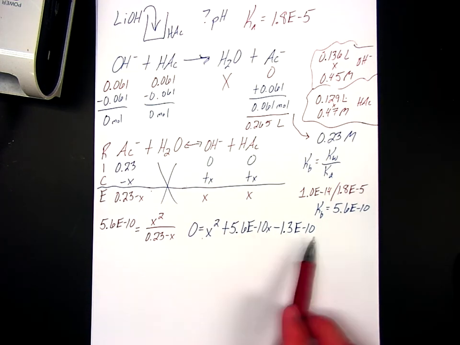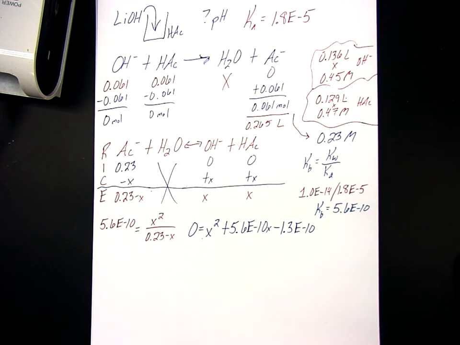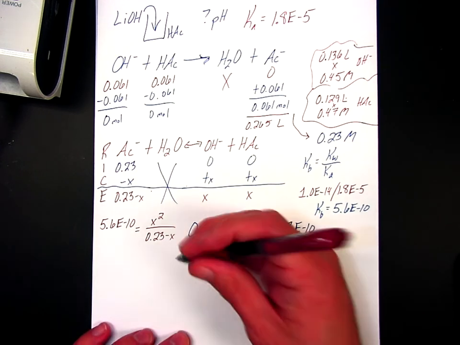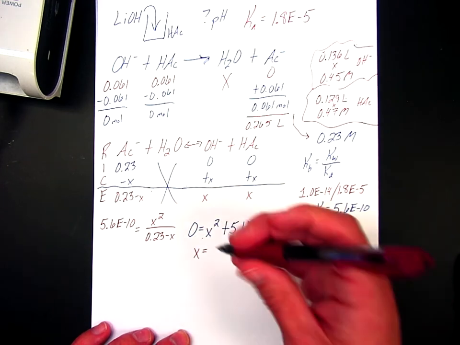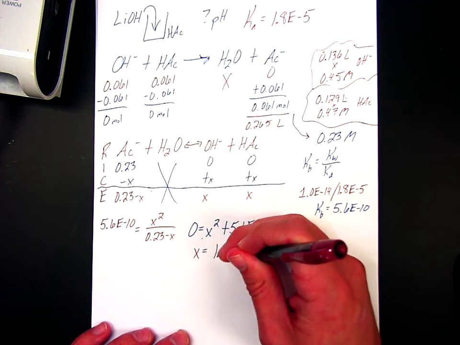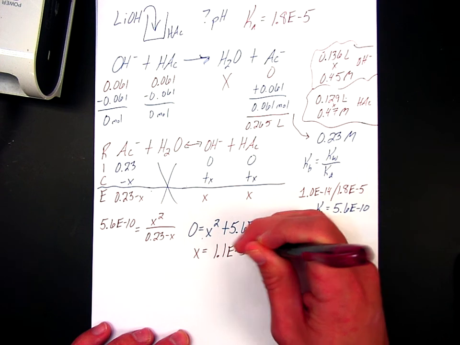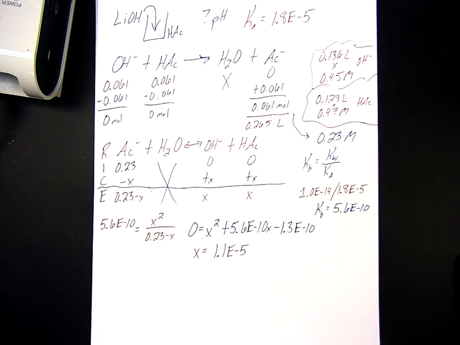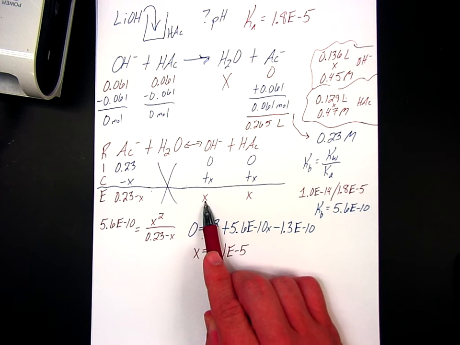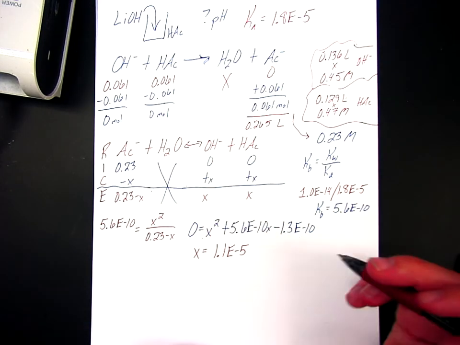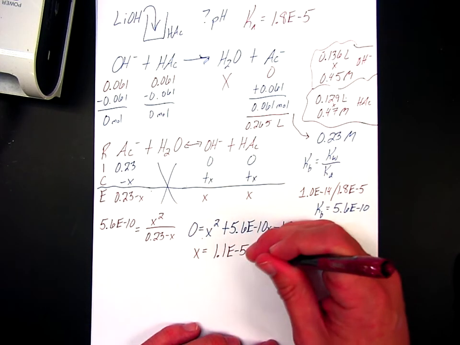This needs to go into your solver, which you've already been trained to do. And your solver on your calculator is going to spit out an X value of 1.1E negative 5. All right. So remember, this X is this X, which represents the OH concentration at equilibrium.